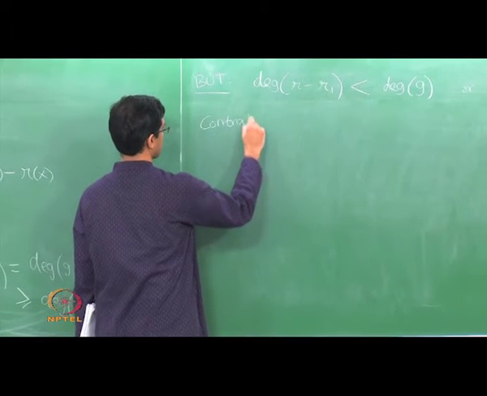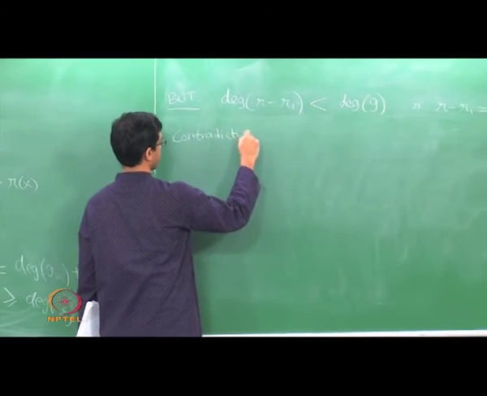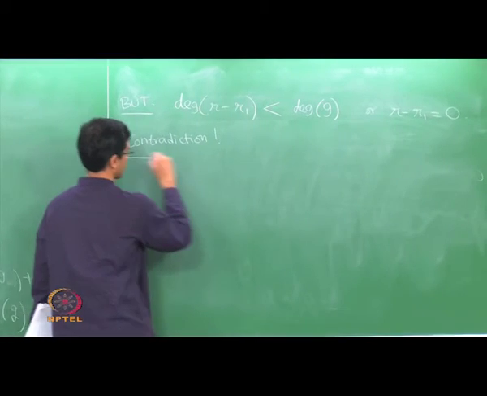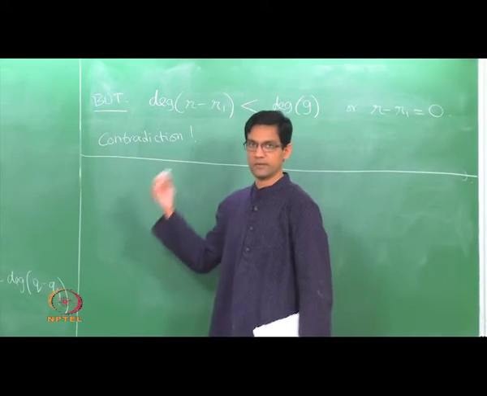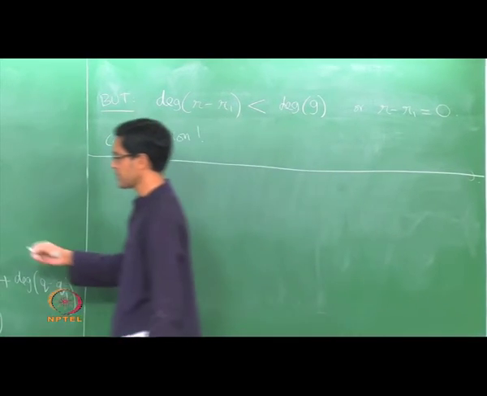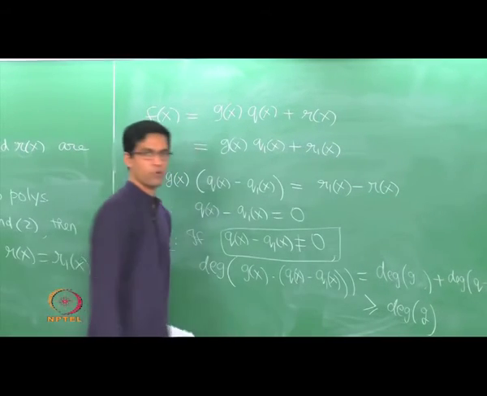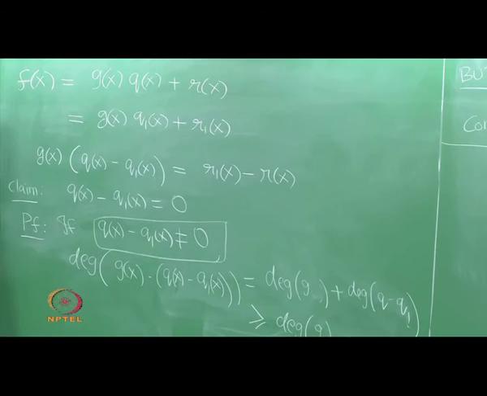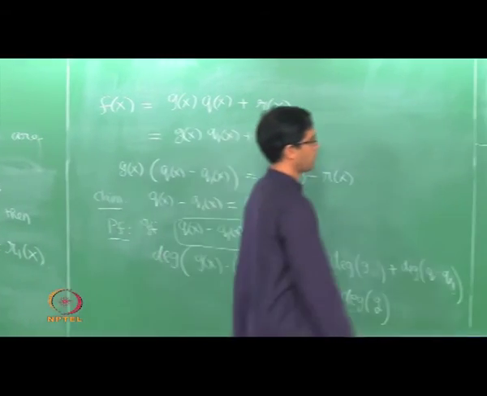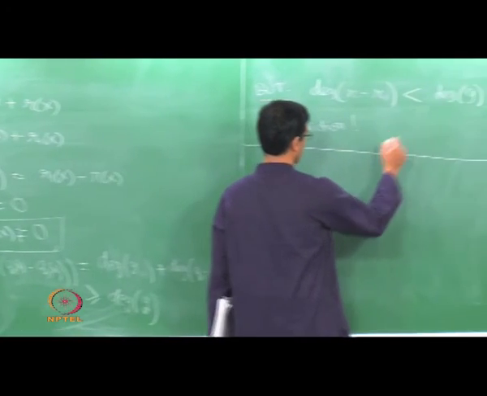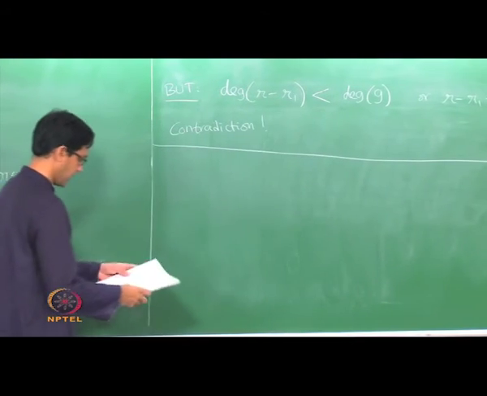The degrees of the left and the right hand side turn out to be different. And why did we obtain this contradiction? Because we made an assumption which must therefore be false. We assumed q minus q1 is non-zero, but in fact that is a false assumption because it leads to an absurd statement. Okay, so that is done. We are done with the proof of this claim of uniqueness.